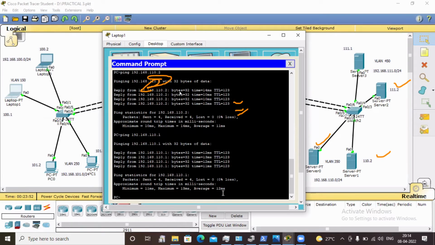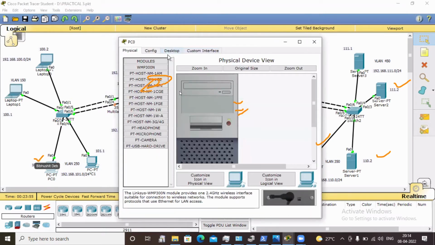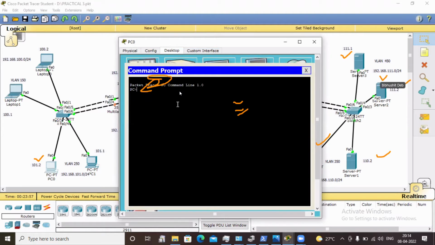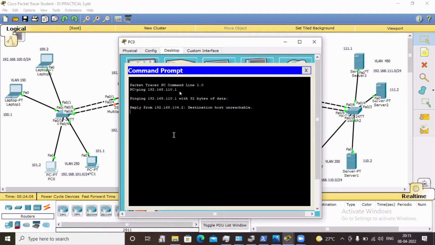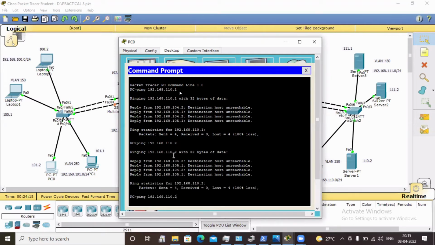Yes, sir. Okay, now ping from this machine to these two servers. Is it working? Yes, sir.